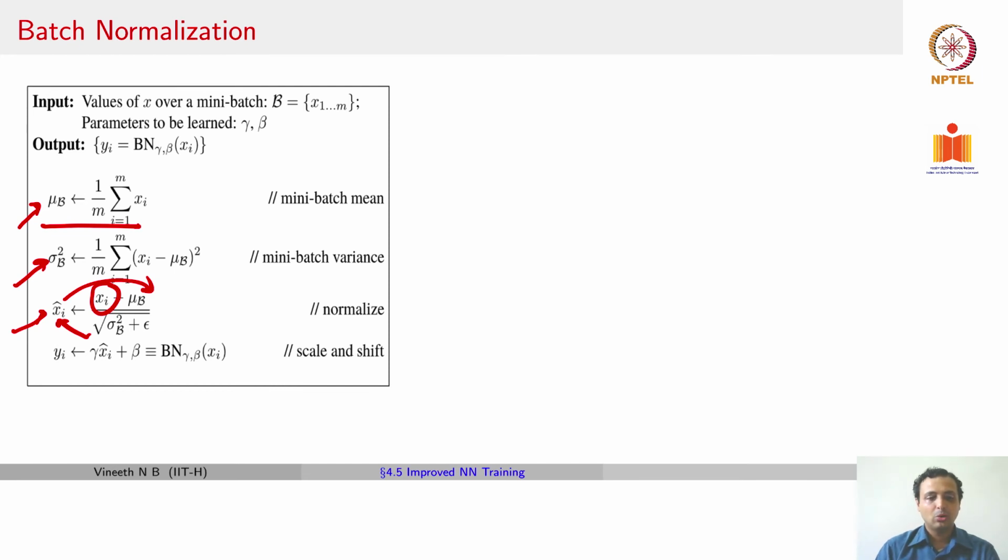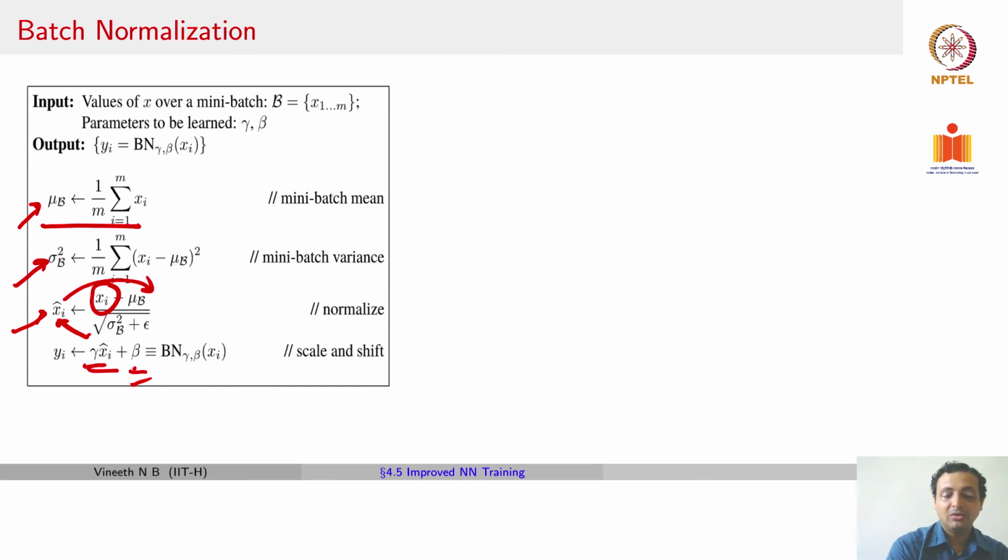Instead of doing that, what we do is to say that the output of this batch normalization layer is gamma times xi hat plus beta, where gamma and beta are learned. How does this help? Once you learn gamma and beta, in a sense, the output of that layer is renormalized.